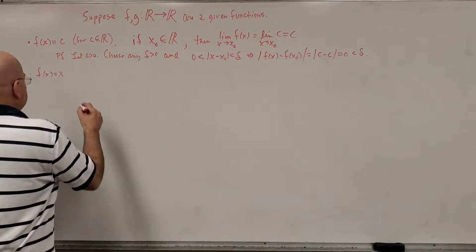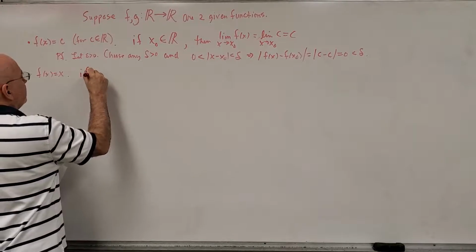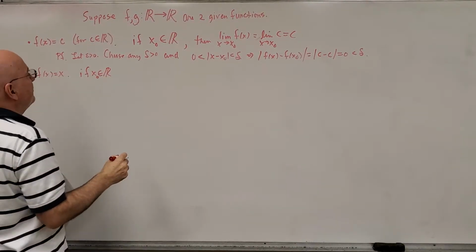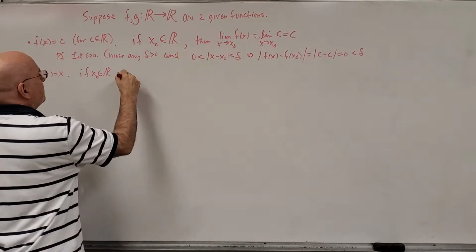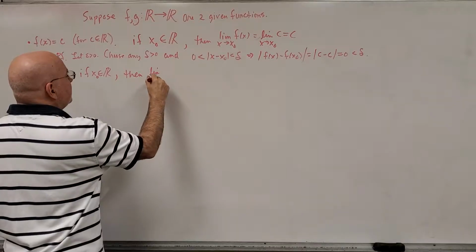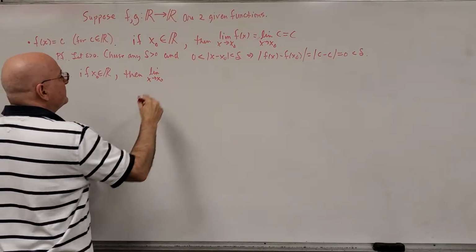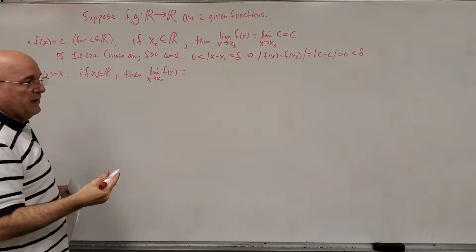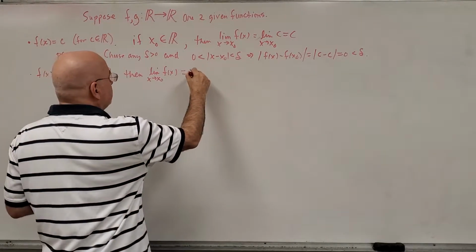Well, if x naught is any number in the reals, then the limit as x approaches x naught of f of x is equal to what? Well, it's x naught.